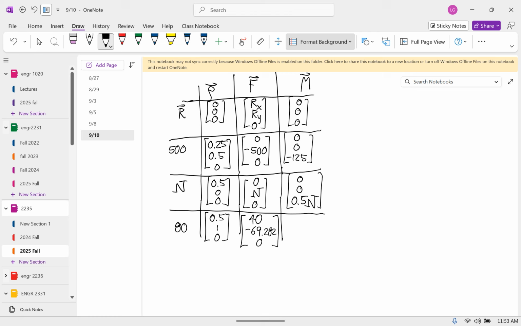And the cross product is 0, 0, negative 74.641.